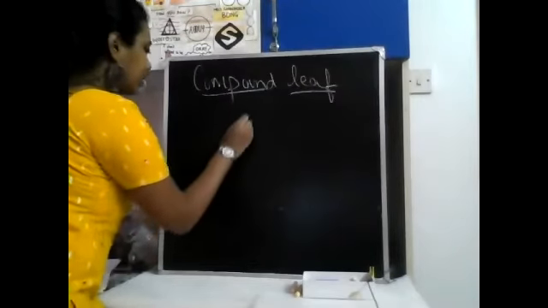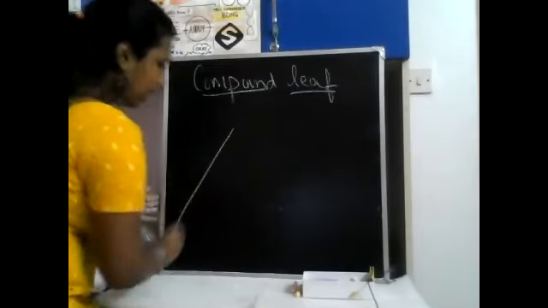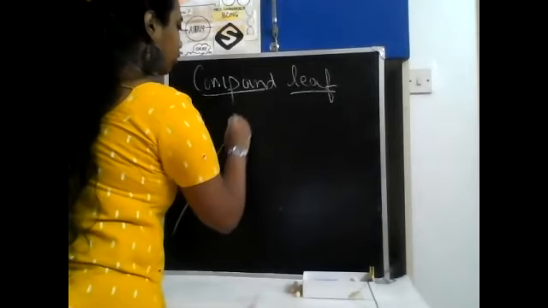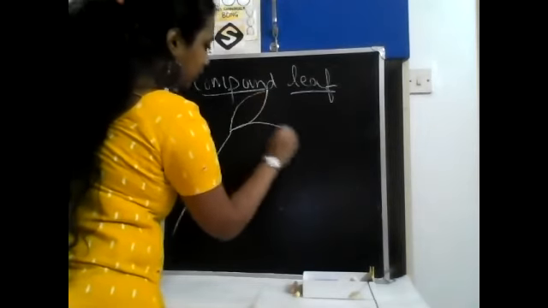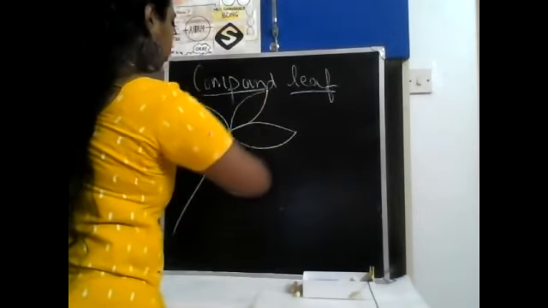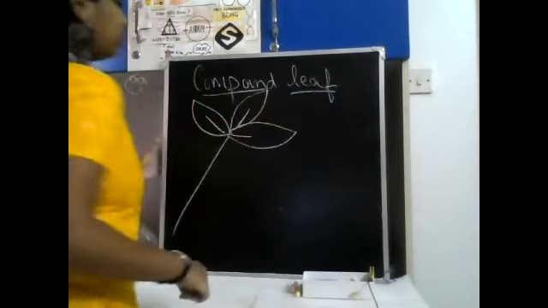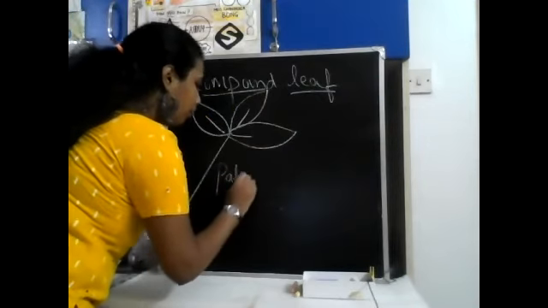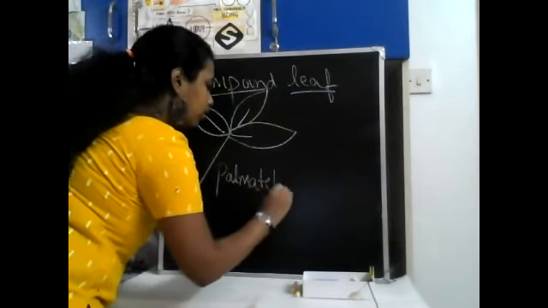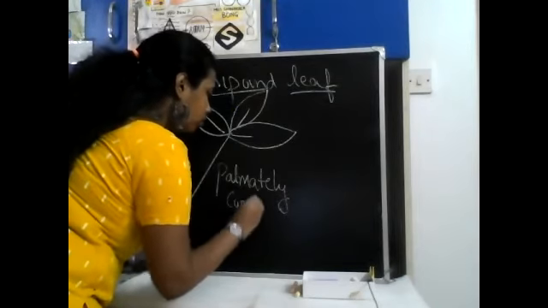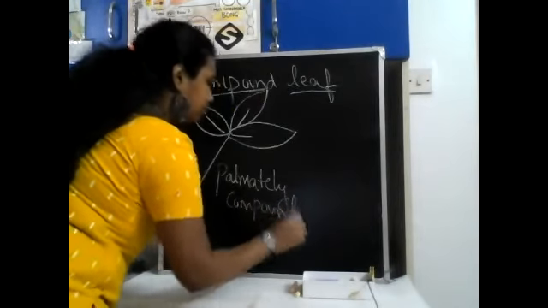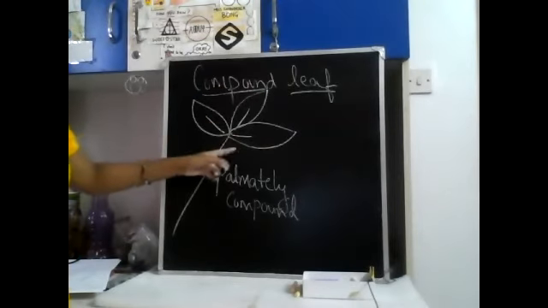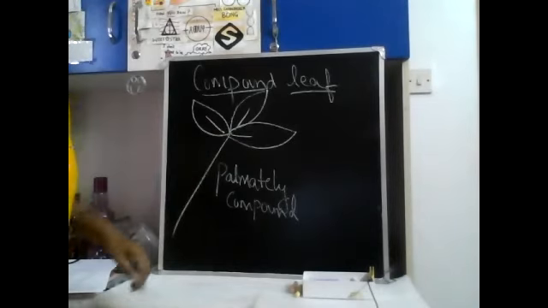So now we will see if this is the main midrib, from a single point you will have leaflets arising. In this case, you will call it palmately compound leaf. Palmately compound means leaflets arising from the same point.